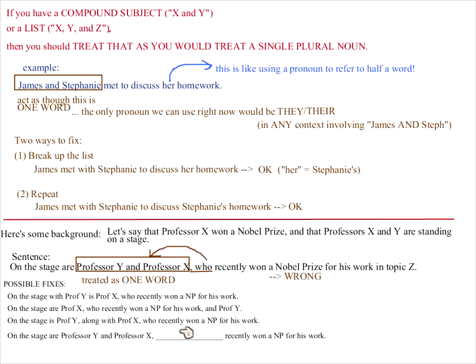You can't put Professor X here because that would create a run-on sentence. So, okay, these don't work. You can't put who because that creates the original issue. You can't put Professor X because that is a run-on sentence. It's also known as a comma splice.